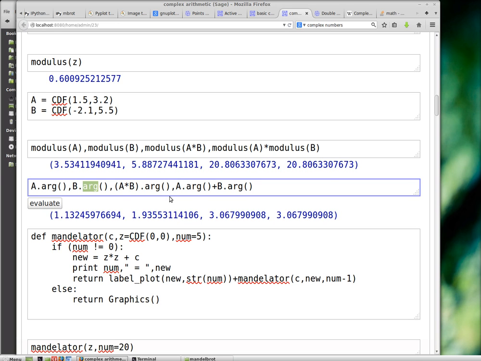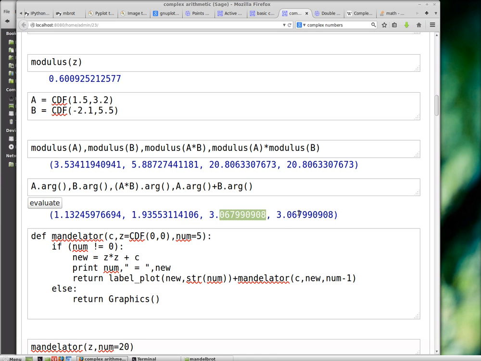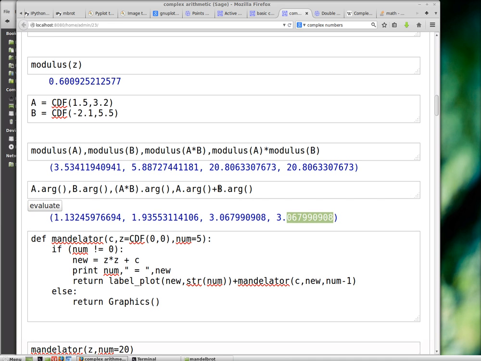And here is the argument of b, so this is the angle b makes with the origin in radians. And if you multiply the two, then you get this number. And what I'm showing you here is that when you take a product of two complex numbers, the angle is just the sum of the original two angles, and that's why these two numbers are the same. So the arg of the product is the sum of the args.